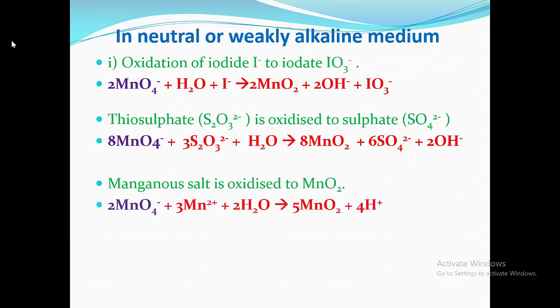When KMnO4 is treated with manganese salt in alkaline medium, the following reaction takes place: 2MnO4- + 3Mn2+ + 2H2O gives 5MnO2 + 4H+. In this reaction, Mn2+ is oxidized to MnO2.